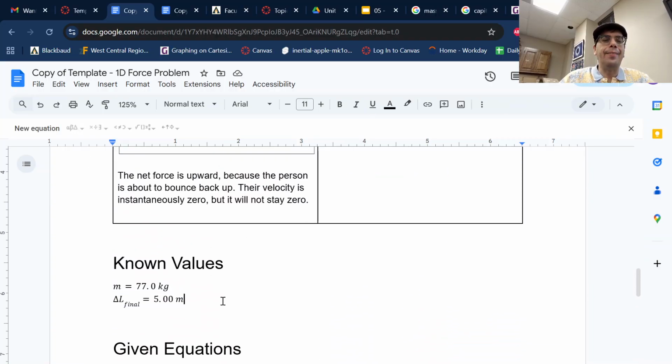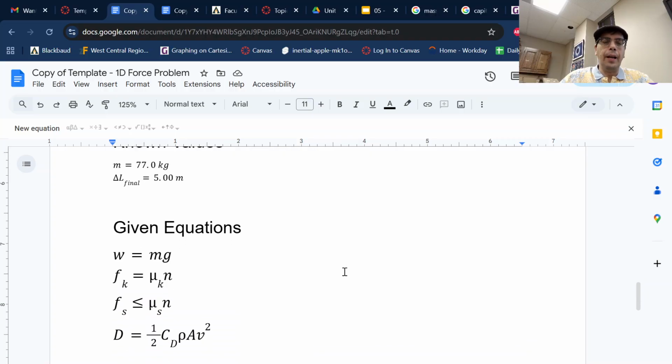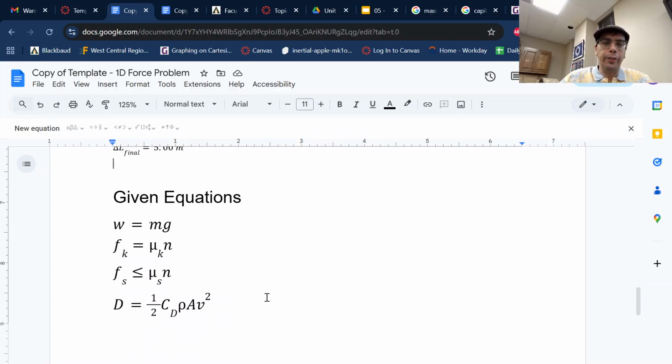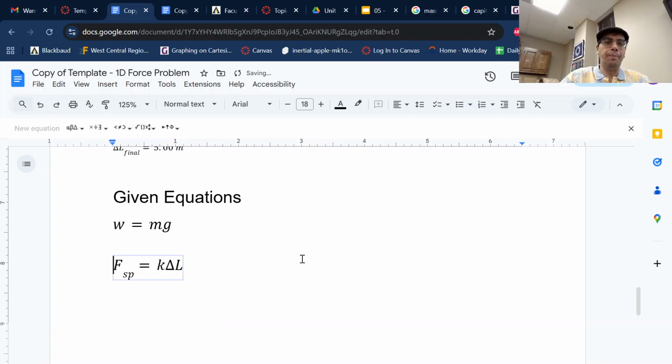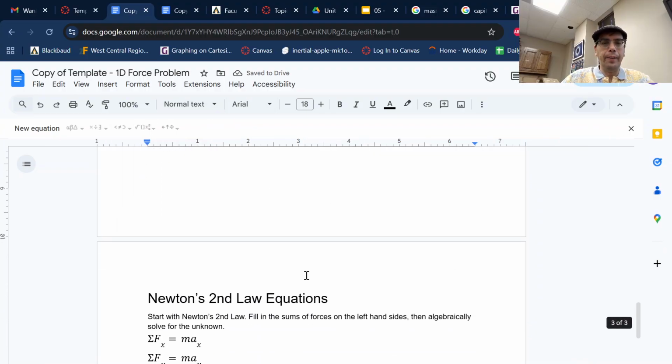Okay, but this alone is not going to be enough for us to figure out the acceleration. And we can see why. Let's go ahead and do a couple more steps and we'll see exactly why. I'm going to get rid of these three equations since we won't need them in this problem. I'm going to move back out a little bit.